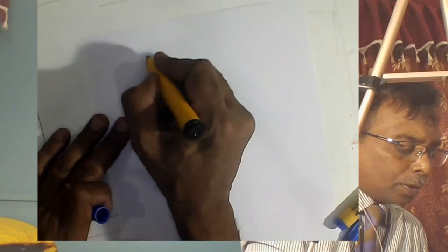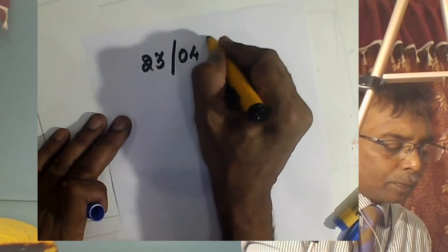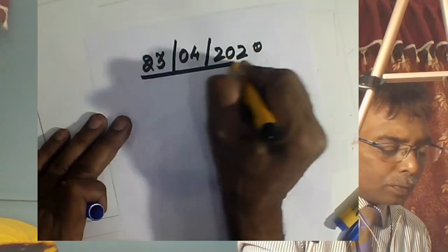So tomorrow, I have taken your feedback. So tomorrow we are going to solve. Wait a minute. Let me write down tomorrow's agenda. Okay, tomorrow's agenda. We have to be very, very clear what we do. 23rd April 2020.